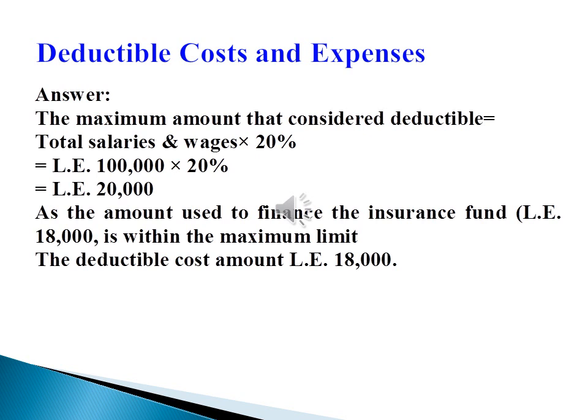Then 100,000 livres Egyptian times 20% amounted to 20,000 livres Egyptian. As the amount used to finance the insurance fund, 18,000 livres Egyptian, is within the maximum limit, then the deductible cost amounted to 18,000 livres Egyptian.